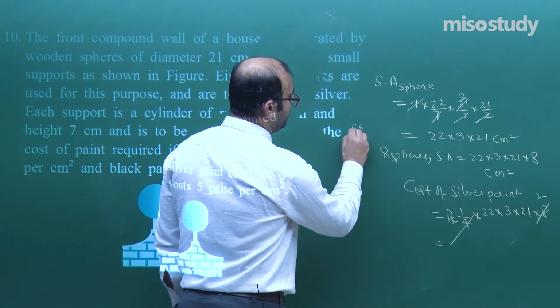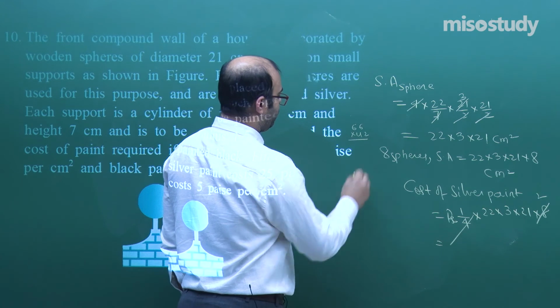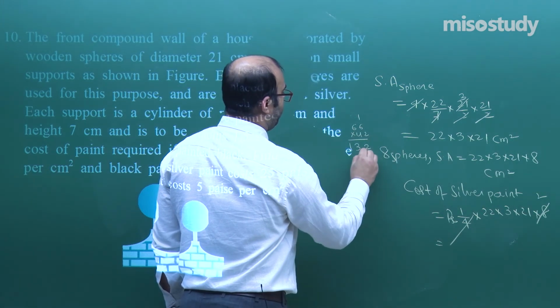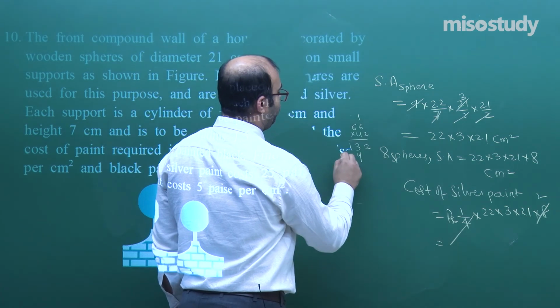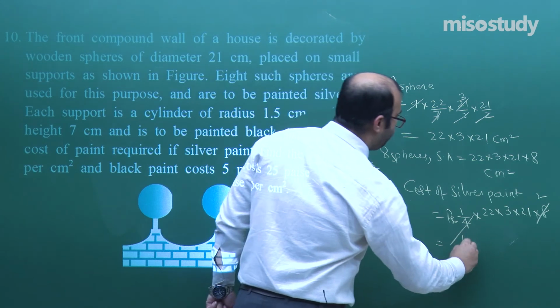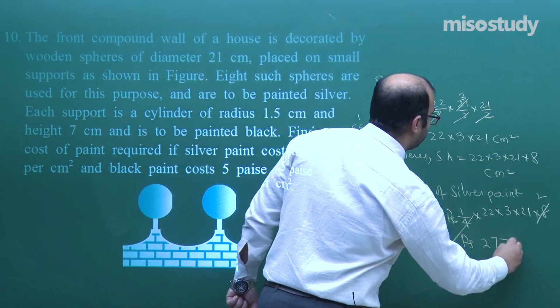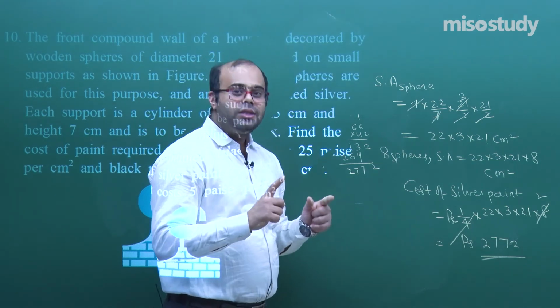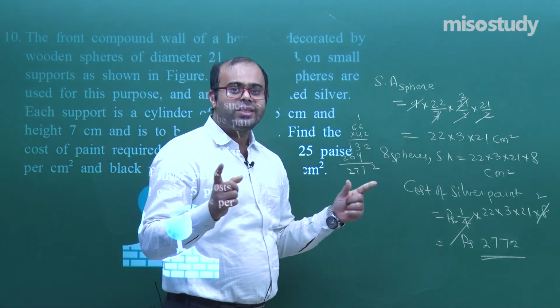So, multiply 66 with 42. 6 2s are 12, 1 carry, 6 2s are 12, 13, 6 4s are 24, 2 carry, 6 4s are 24, 25, 26, 2772. 2,772 rupees is required to paint these 8 spheres with silver paint.